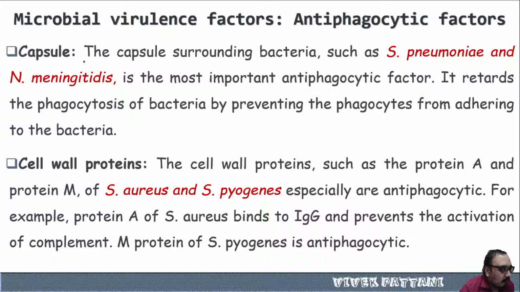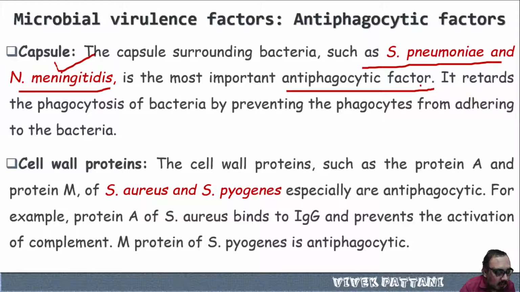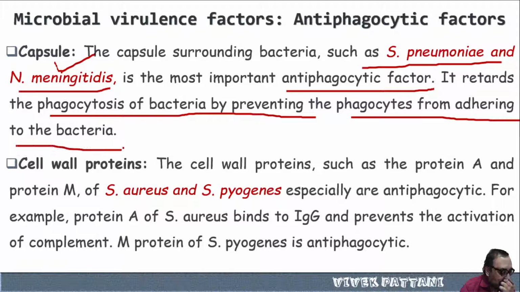Starting with the capsule surrounding the bacteria, such as in the case of Streptococcus pneumoniae and Neisseria meningitidis, it is an important antiphagocytic factor, and it retards phagocytosis of bacteria by preventing the phagocytes from adhering or attaching to the bacteria.